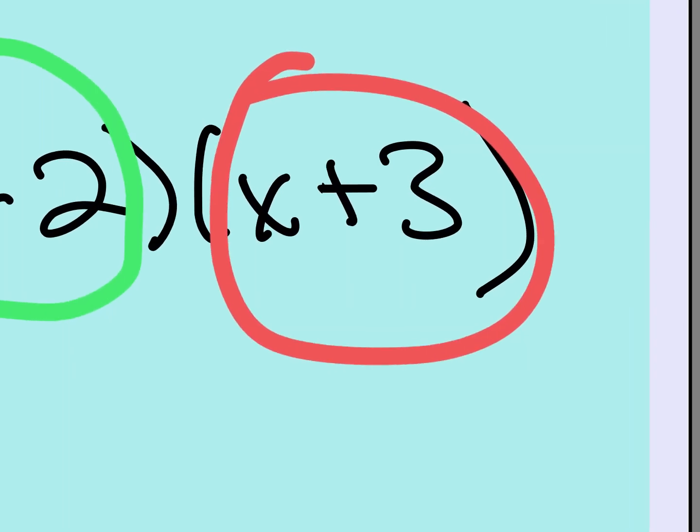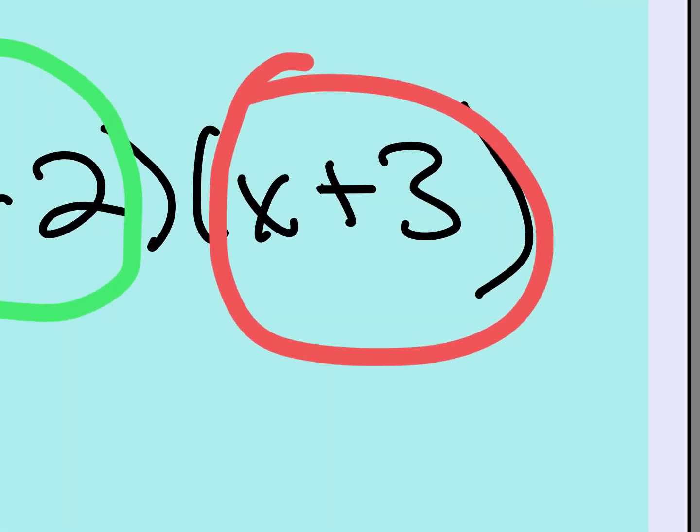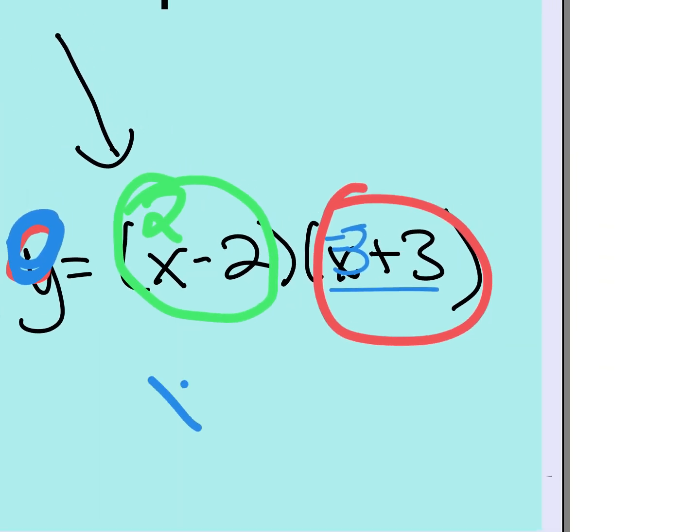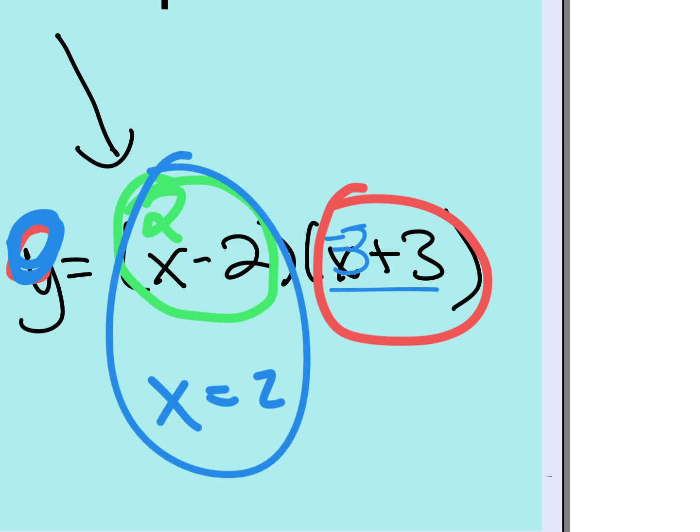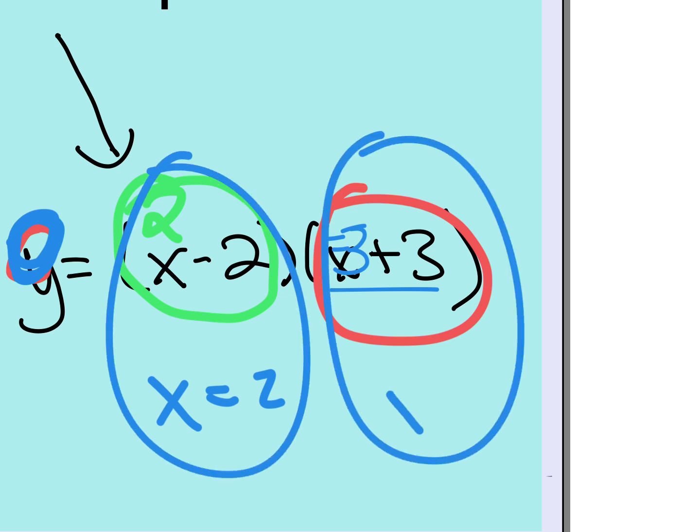Come on. What would make this 0? -3, thank you. If you put in -3 there, -3 plus 3 makes 0, right? So the two answers are x equals 2 for this one, and for this one, x equals -3. Those are the things that make the equation 0.